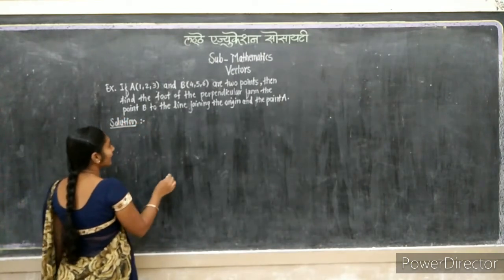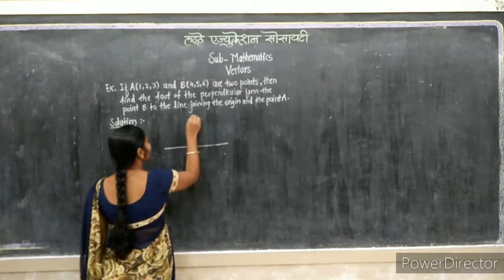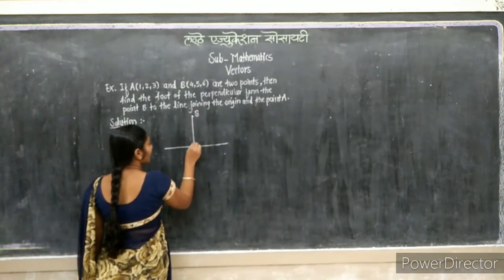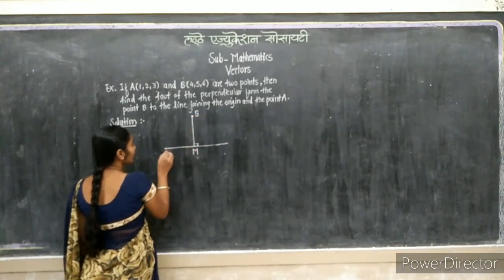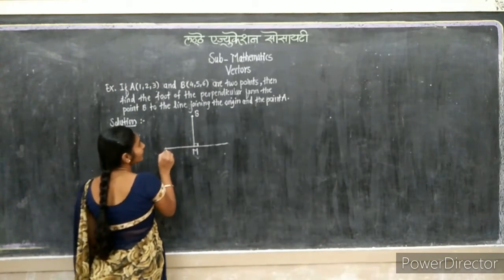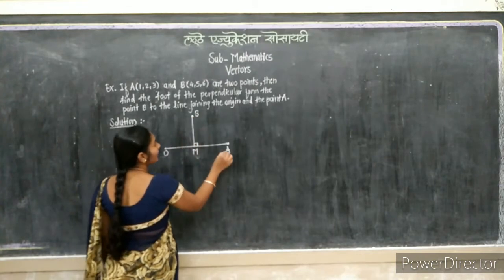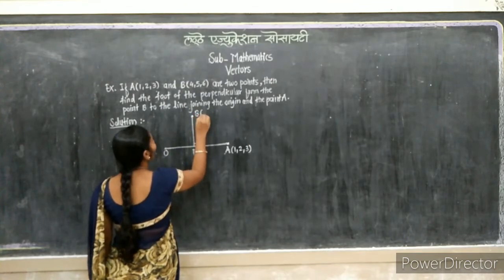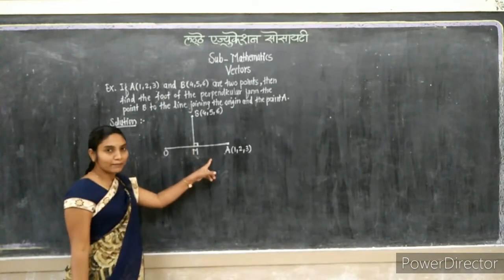For given data, M is the foot of the perpendicular from the point B to the line joining points origin and the point A, that is OA. Coordinates of A are 1, 2, 3. Coordinates of B are 4, 5, 6.